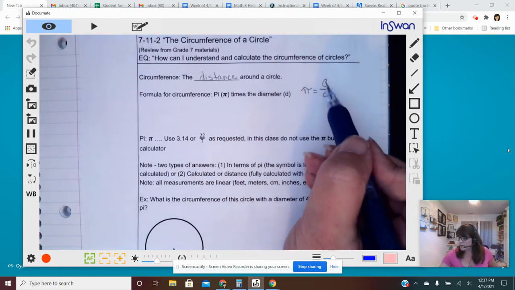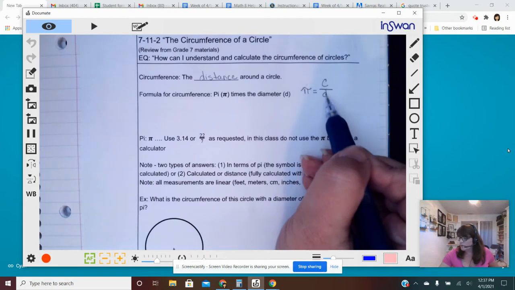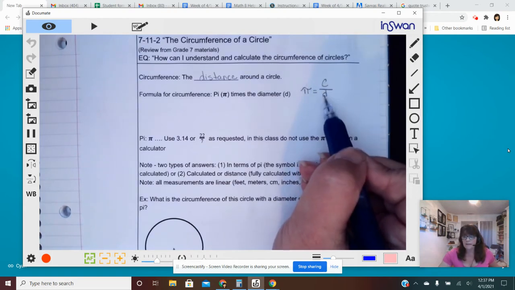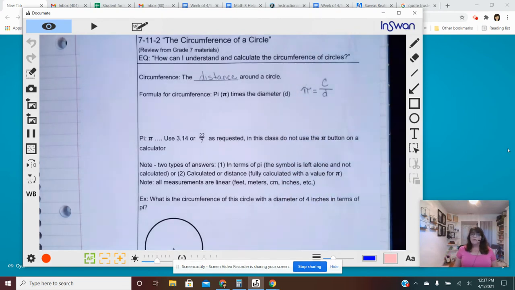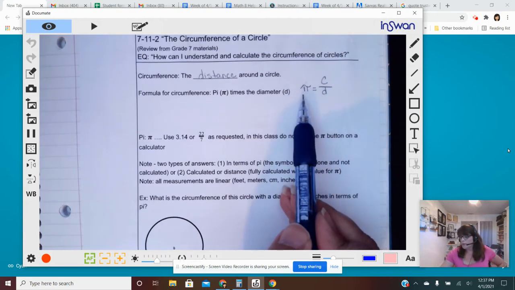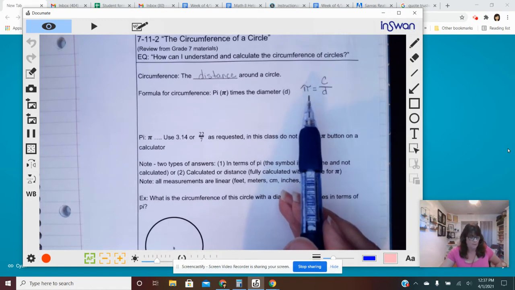If we knew the circumference of any circle and we knew the diameter and we divided and found that ratio in a decimal form, what we would immediately find is that you're going to get the value pi. That's where it came from.